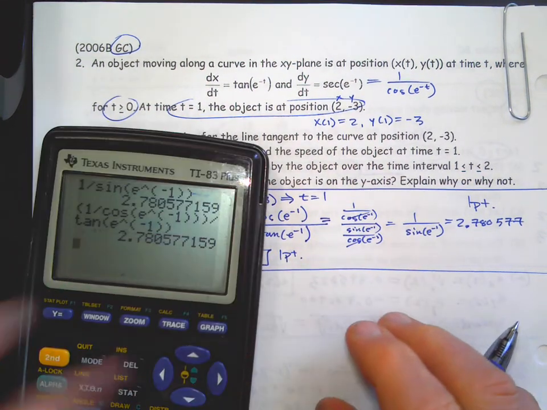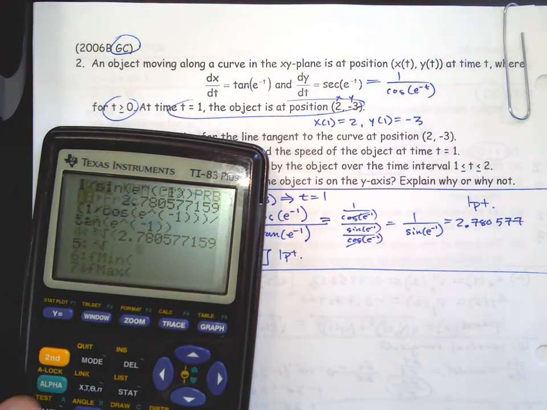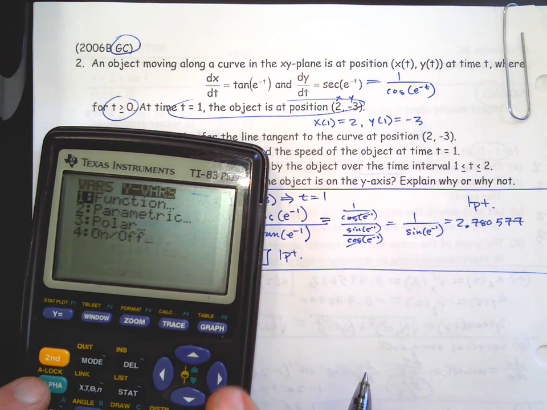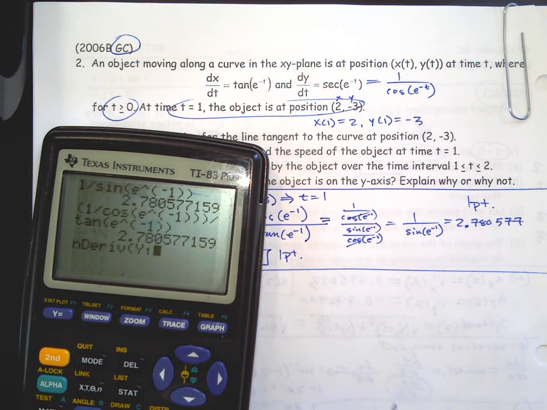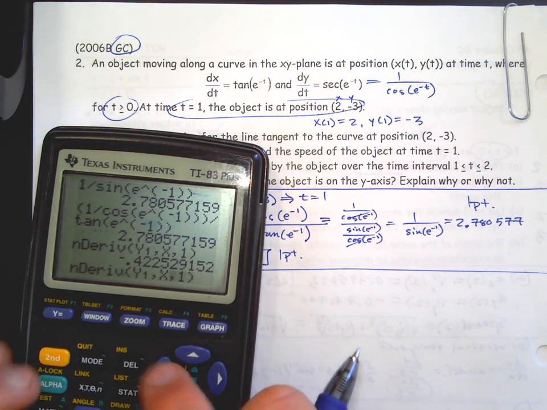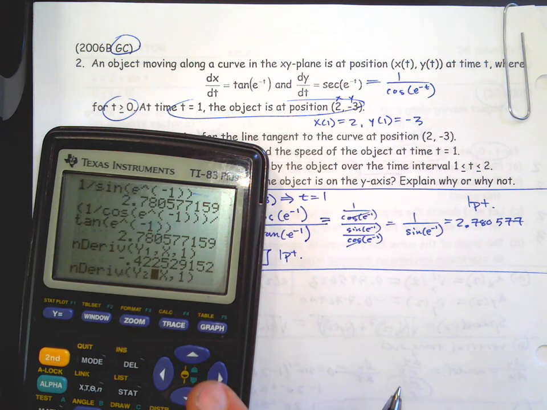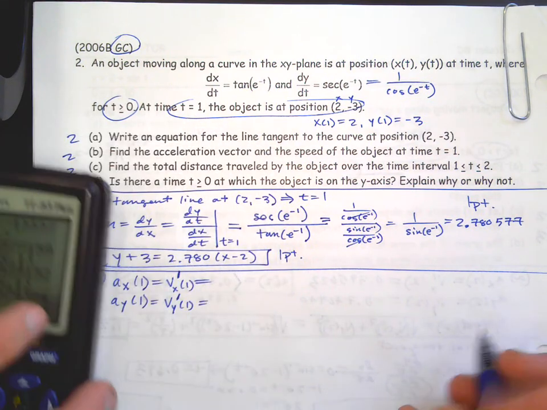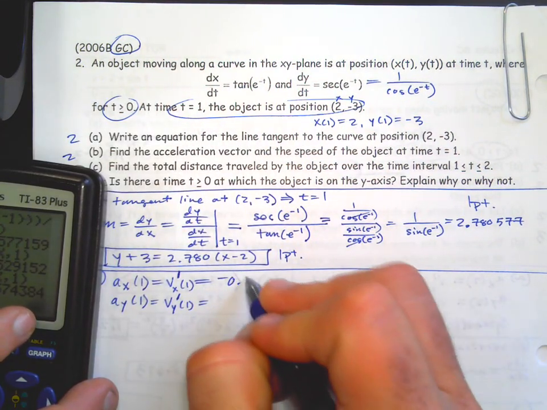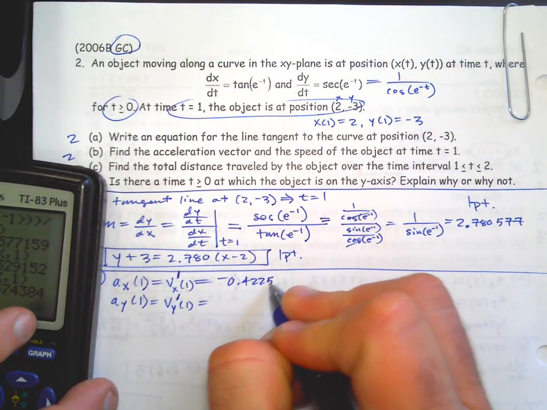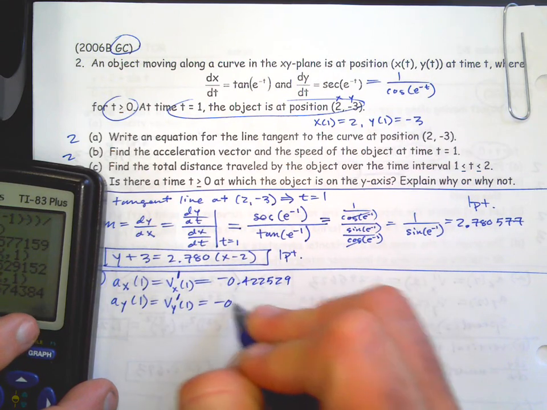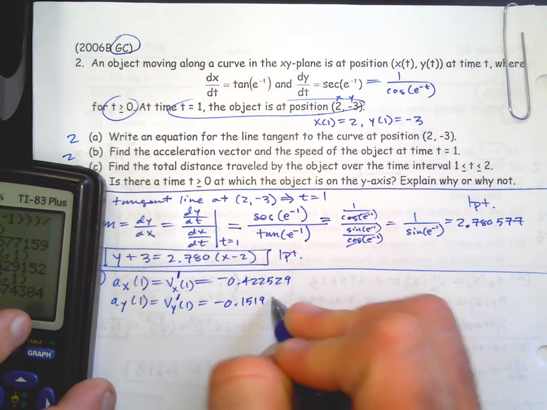So I can do that in my calculator, math 8, vars, y vars function, y1, comma x, comma 1. And I'm going to do it again. Vars, y vars function, y2. Those are my two answers. So negative 0.422529, negative 0.151957.